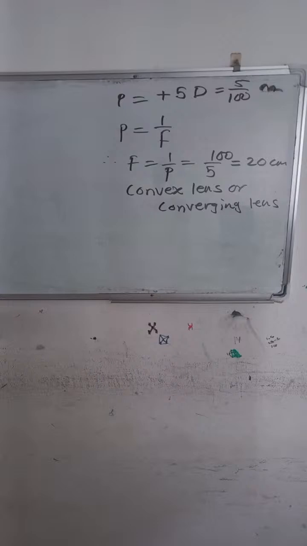So they are asking at what distance from this lens should an object be placed so that we will get an inverted image of the same size. If you check the lens table in the NCERT textbook, we will get an inverted image of the object, but that image should be of the same size.